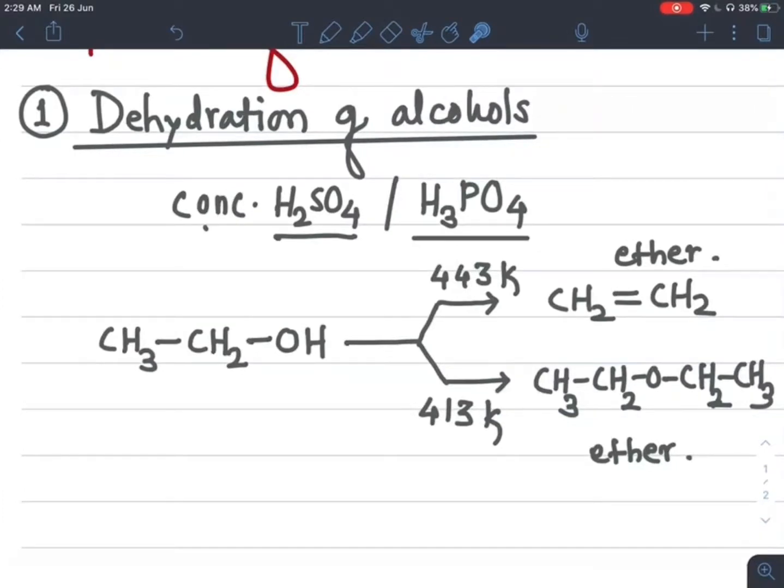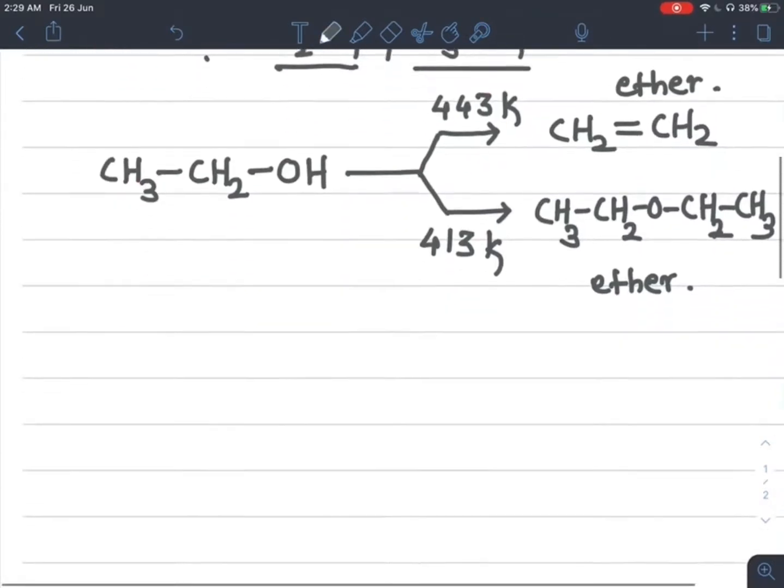So first we will see this reaction. Ethyl alcohol when treated with concentrated H2SO4 at about 443 Kelvin. So how does the reaction take place? Ethyl alcohol, that is CH3CH2OH.